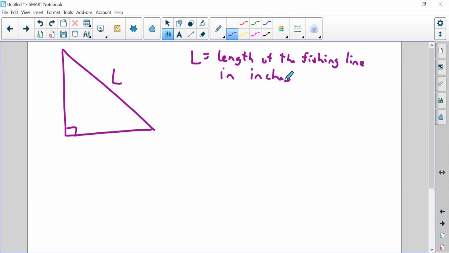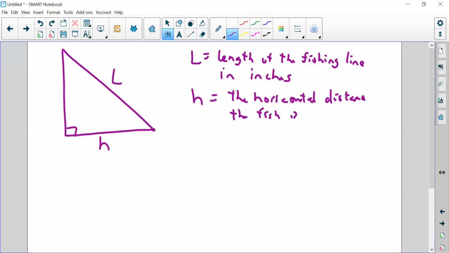And then we'll let H represent the horizontal distance the fish is from the angler. And we'll convert that into inches so it can be in the same unit.